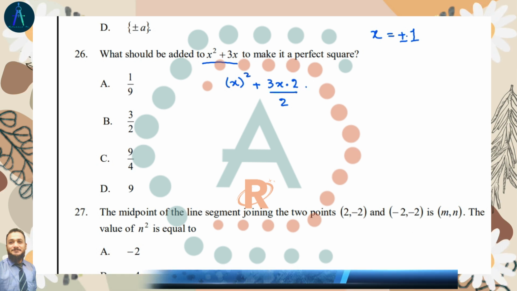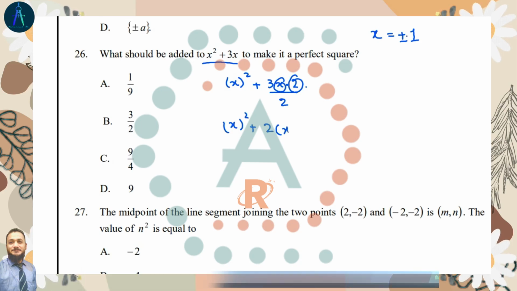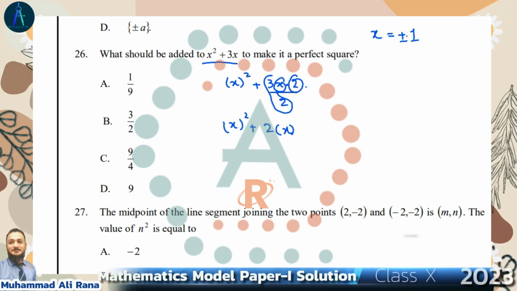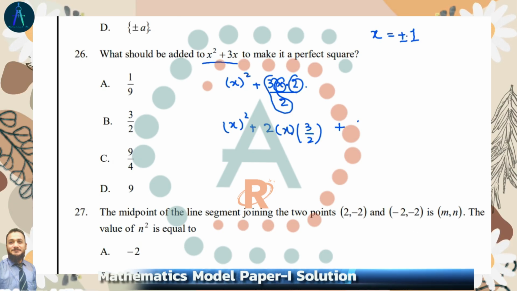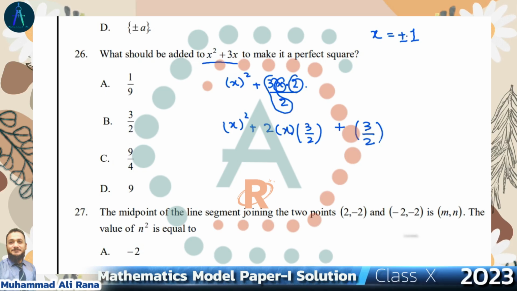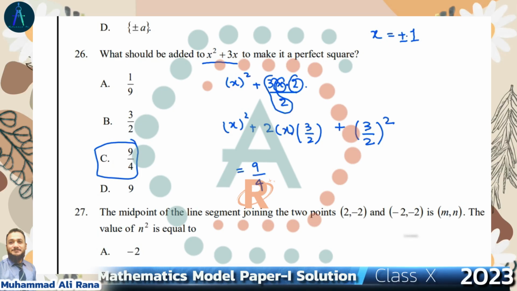So next step, let's rearrange it a little. 2 comes into the formula, 2 into x comes in place of a, and 3/2 comes in place of b. So this becomes a square plus 2ab form. That means if we add a term that is 3/2 whole square, this will become a perfect square. So the correct answer will be 9/4. Option C is the right answer.